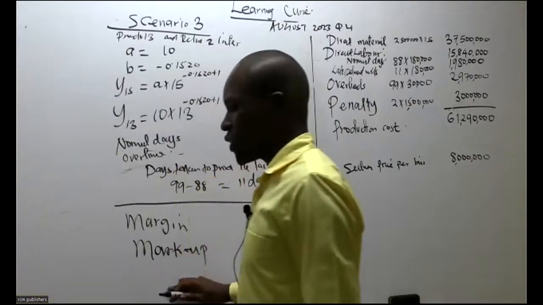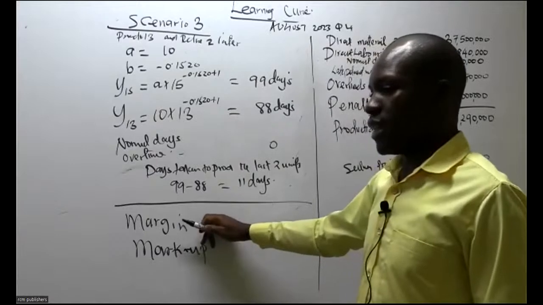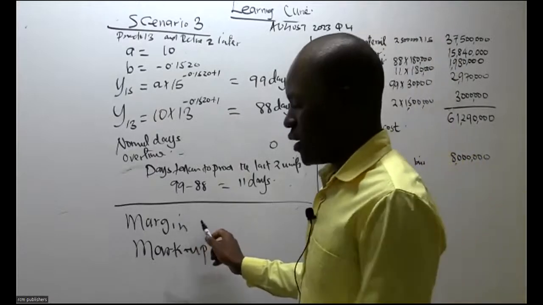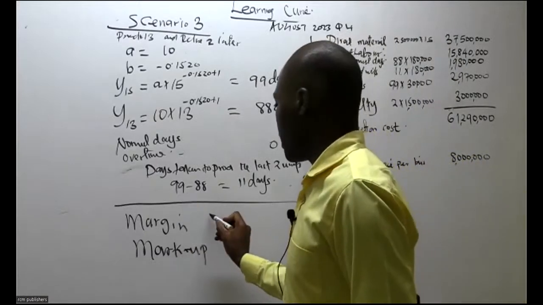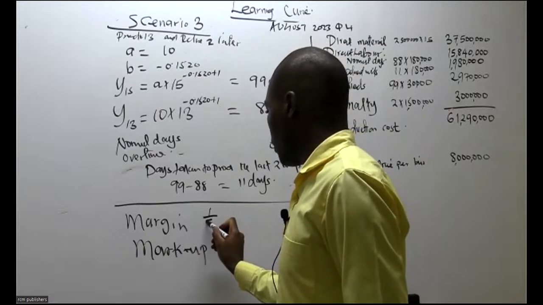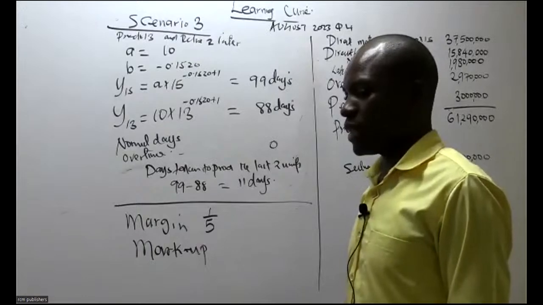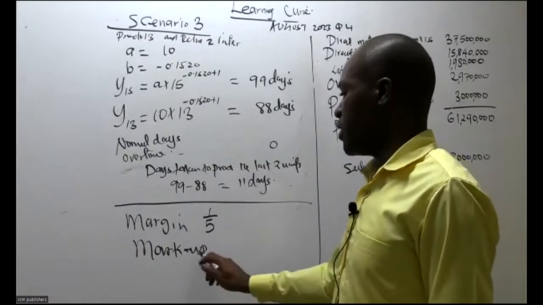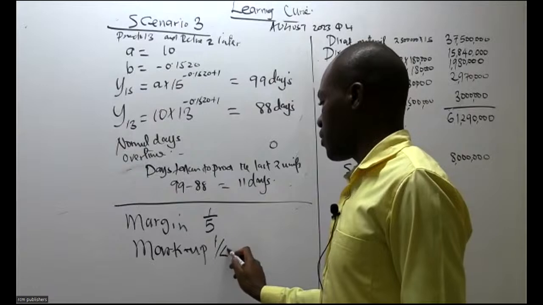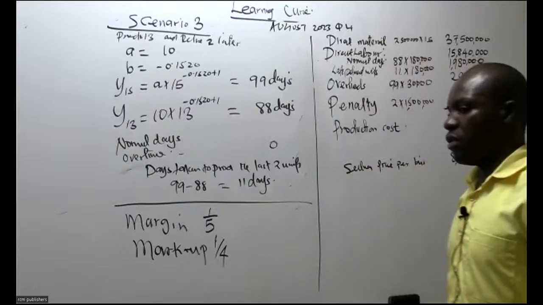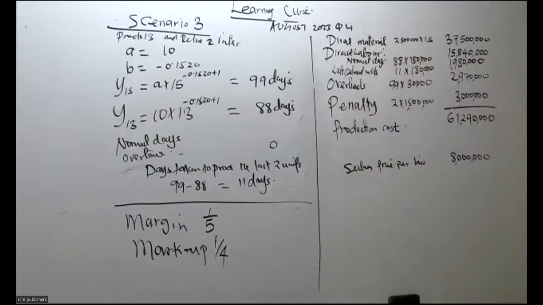Markup is on the cost, margin is on the sales value. So we are told that margin is 20%, which is the same as 1 over 5. So it means your markup will be 1 over 4.